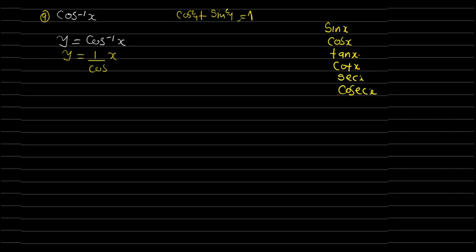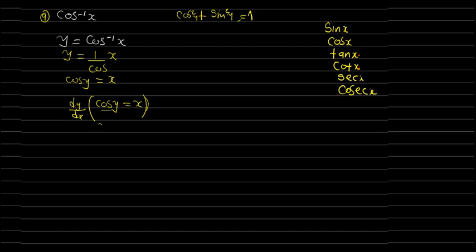So this means that we have cos y equals x. Applying dy/dx to everything that is inside, so you differentiate the whole function there. That will give you what?